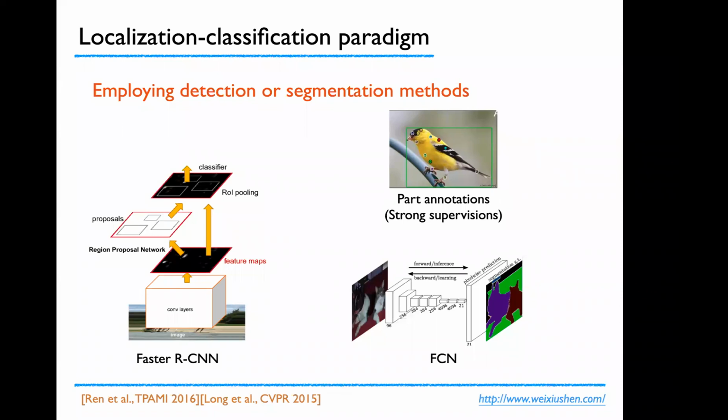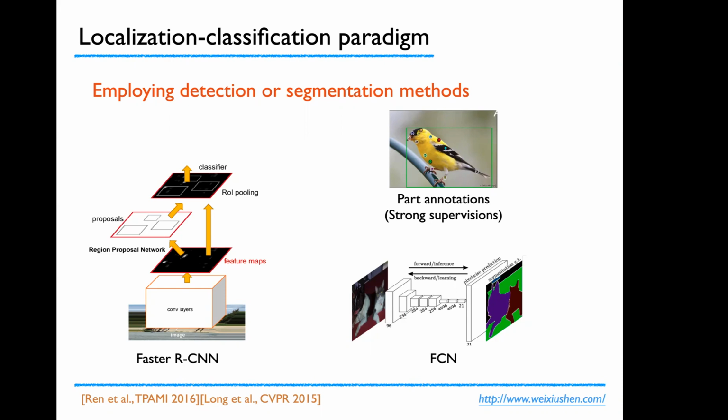Thanks to the localization information, that is, the part-level bounding boxes or segmentation masks, the models can obtain more discriminative mid-level representations with respect to these fine-grained parts. It could further enhance the learning capability of the classification subnetwork, and it will significantly boost the final recognition accuracy.